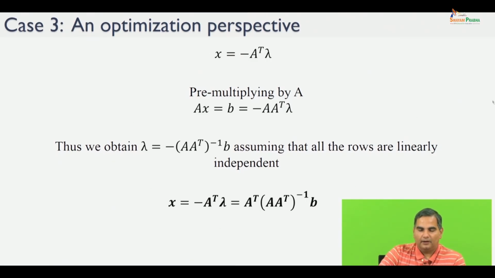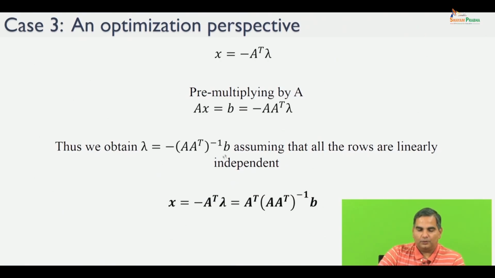Now since any solution x satisfies Ax equal to b, I can replace this Ax by b, and I get this equation b equal to minus A A transpose lambda, and from this equation we can get lambda to be minus A A transpose inverse b. This inverse exists only if all the rows are linearly independent.